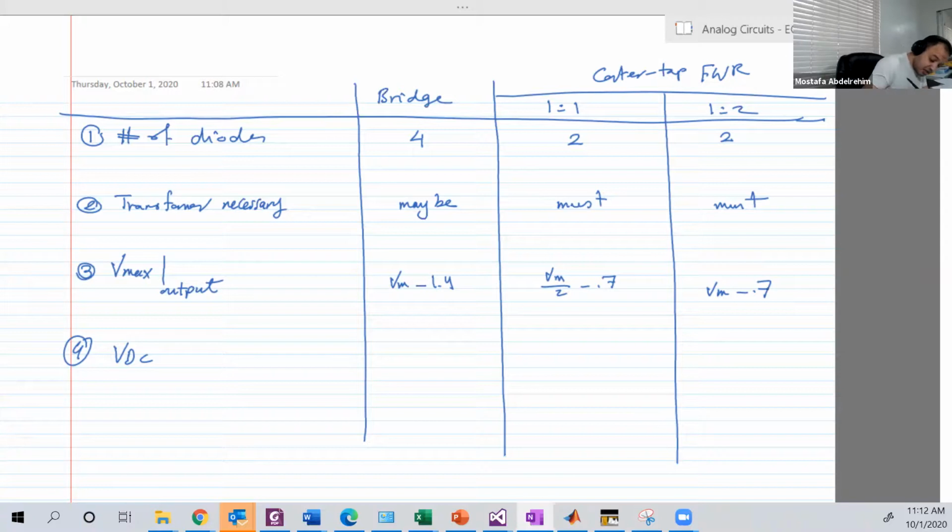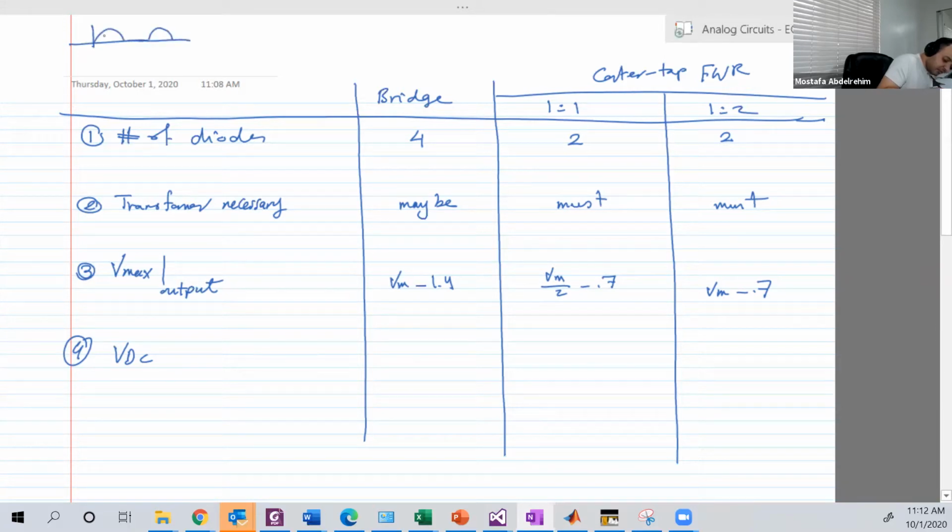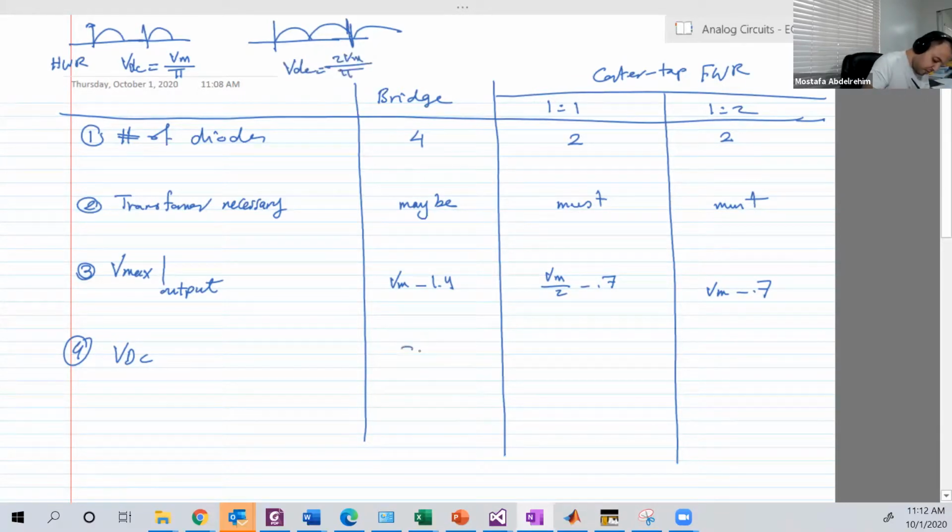Now the DC value. Of course, I didn't mention this. For the half-wave rectifier, we have something like this, and VDC is equal to Vmax over pi. For the bridge, if we take one cycle, this is 2 Vmax over pi, so it is doubled.